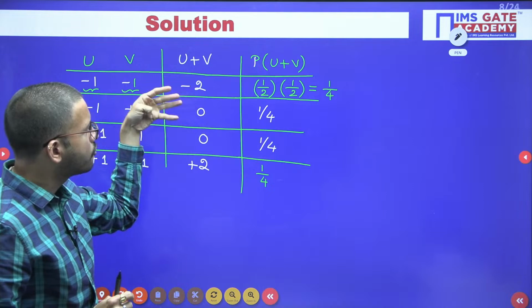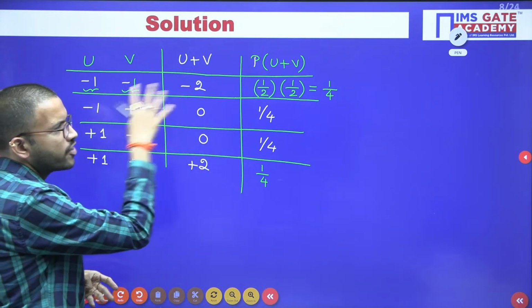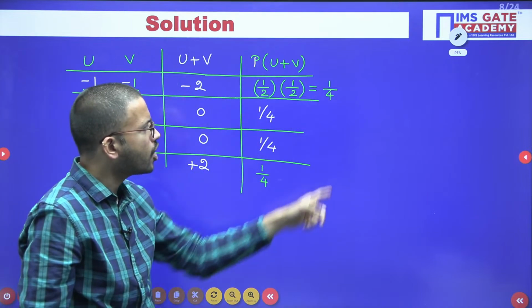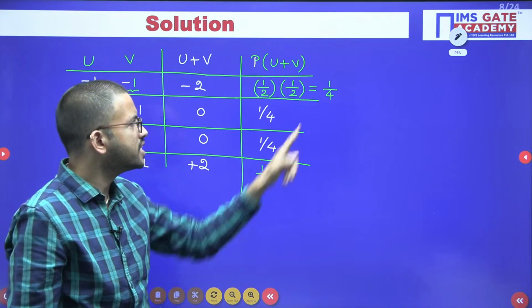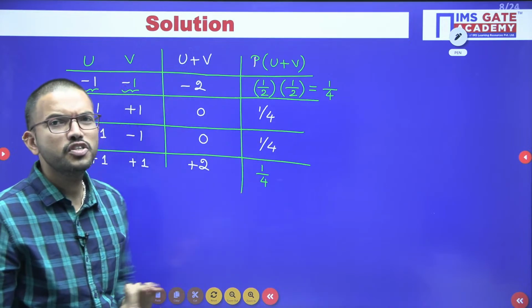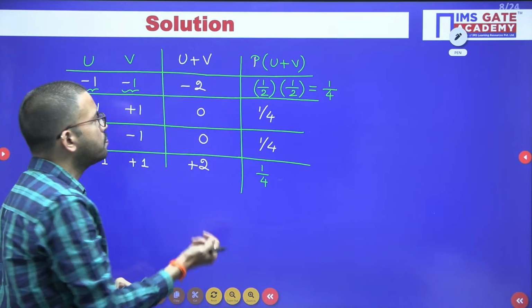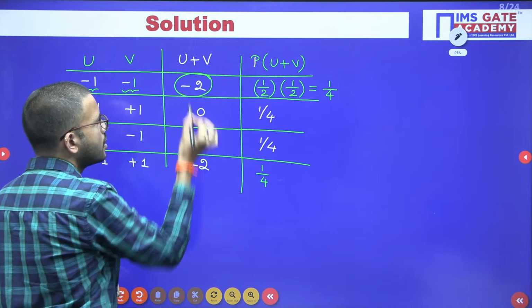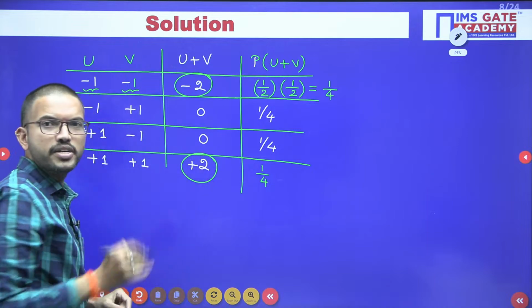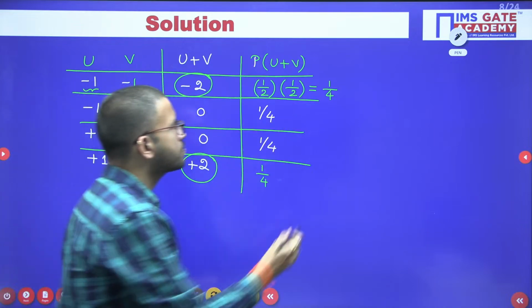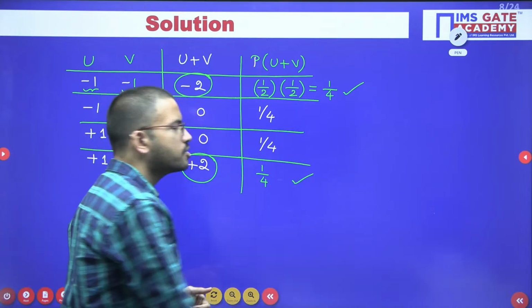Since total combinations are 4 and each combination has the same probability, that is 1 by 4. Now see the beauty in this question. Regarding U plus V, minus 2 is one unique number and plus 2 is one unique number. So for minus 2 the corresponding probability is 1 by 4, and similarly for plus 2 the corresponding probability is 1 by 4.